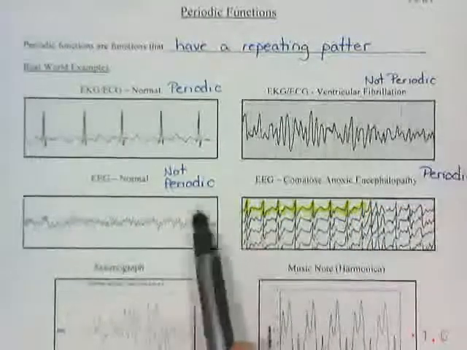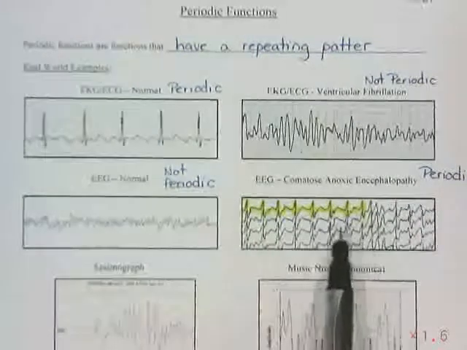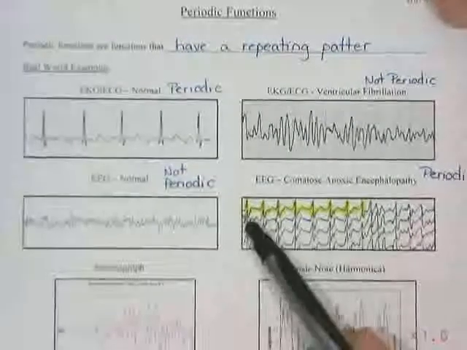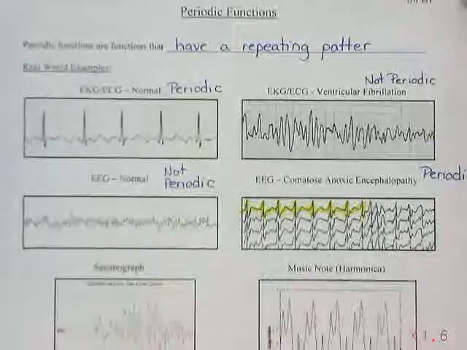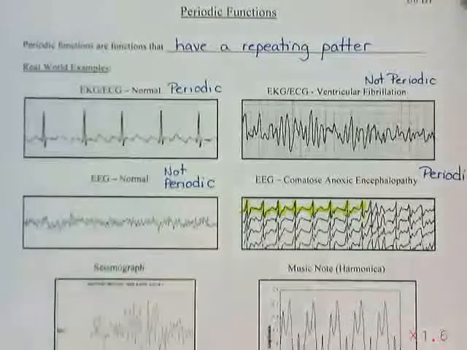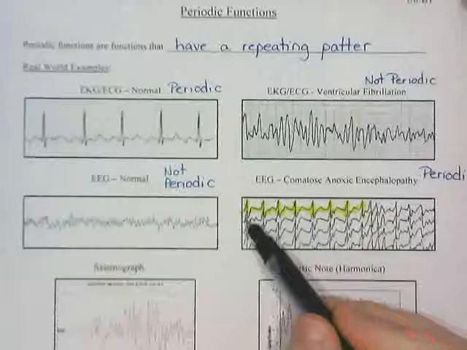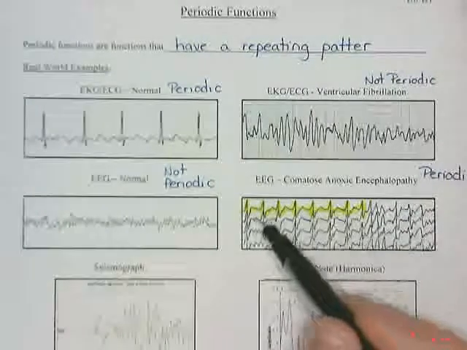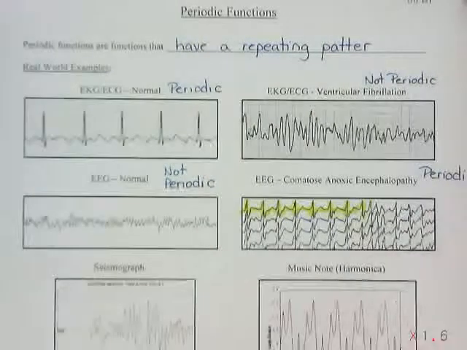So when it comes to your brain, not periodic is good and periodic is not very good. Also, people who have mad cow disease, and they've got brain damage because of mad cow disease, or people who have Alzheimer's and dementia, they will get very similar brain patterns when it's in its advanced stages.